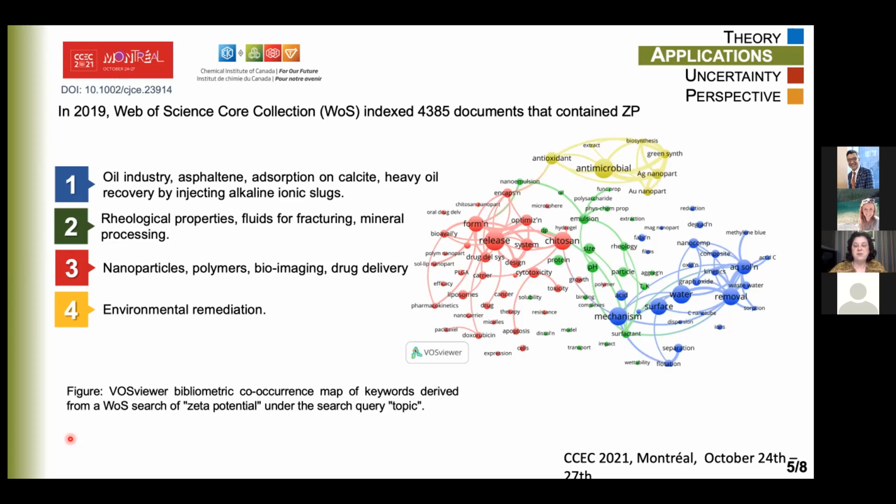The main topics of these clusters are the oil industry in terms of application, heavy oil recovery, rheological properties, fluids, and mineral processing. The main area of zeta potential is nanoparticles, polymers, and drug delivery systems, and it has also been found in environmental remediation.